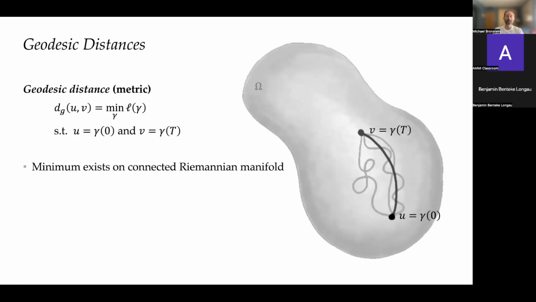What is important to understand is that, in mathematics, it is not taken for granted that a certain thing exists, right? So when we write a minimum, it doesn't mean that the minimum exists. You can find examples of spaces where the minimum is never achieved.